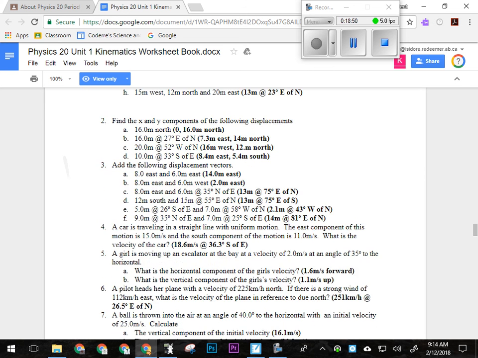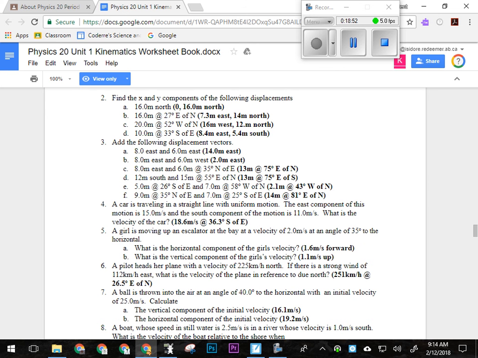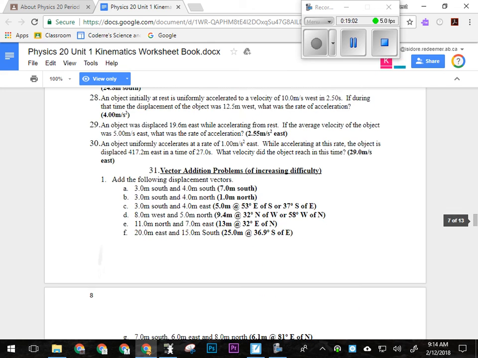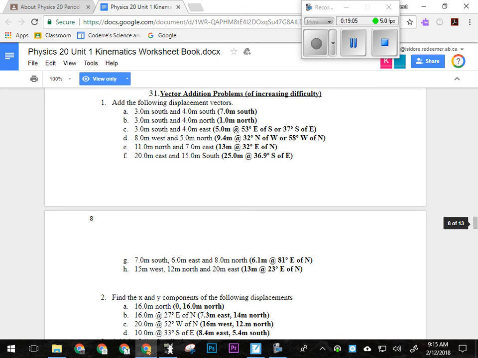By the time you get to question number 3, like 3E and 3F, those are like what we just did. They're going to be non-collinear, tail to head, find all the components, that kind of thing. So you guys can start with those, and then I'll come around and check on you as you're working and see how everything is going.